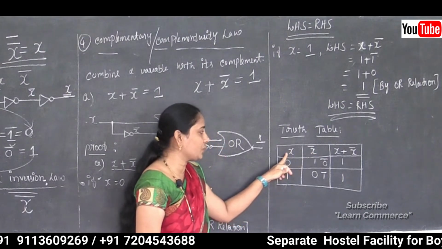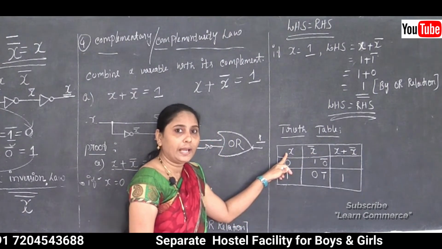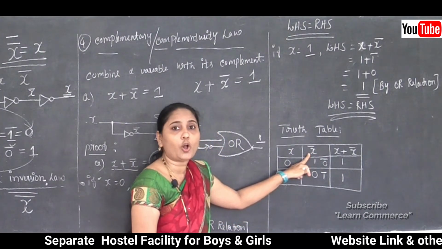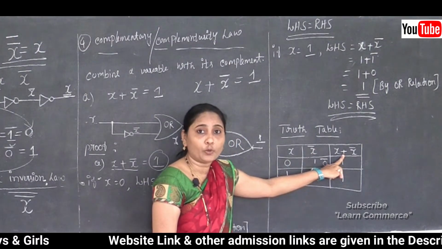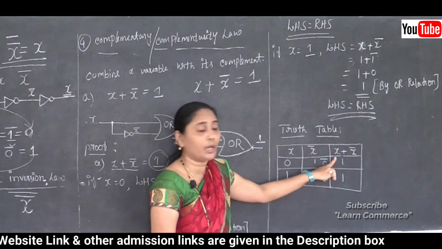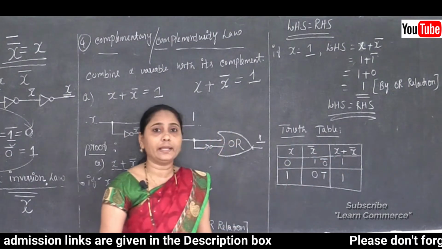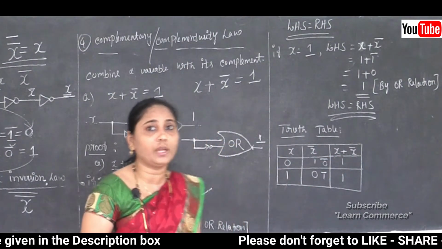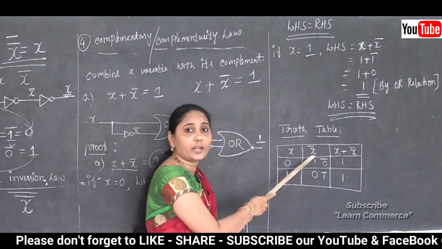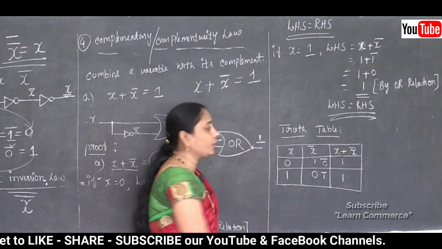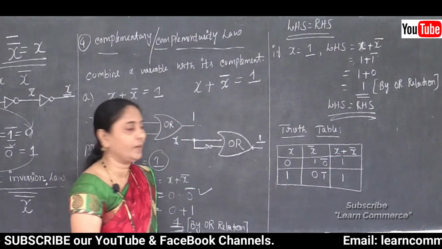Now in our truth table, the first column is x, the second column name is complement of x, and the third column shows the result output of the first and the second column. And what's the heading? The heading is x plus complement of x.